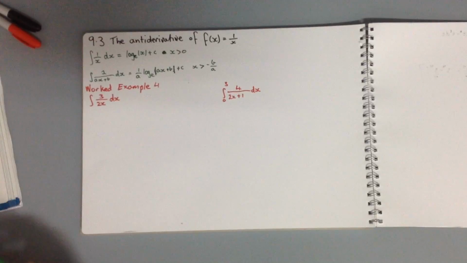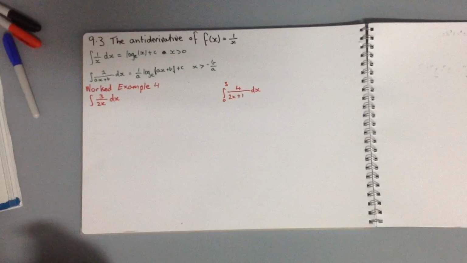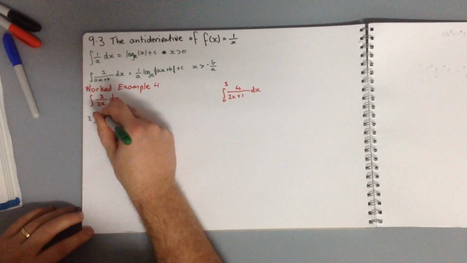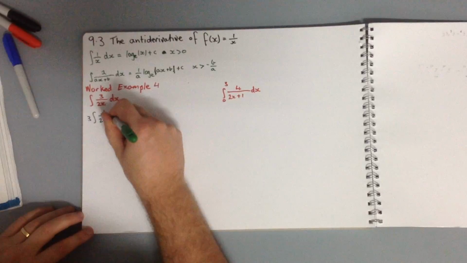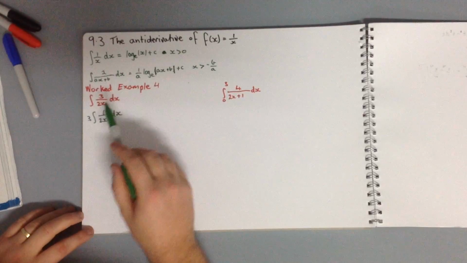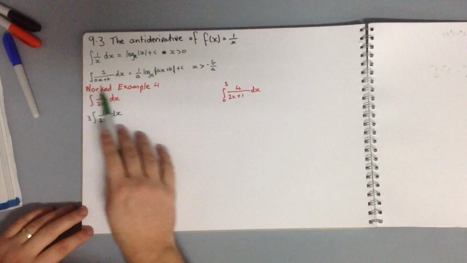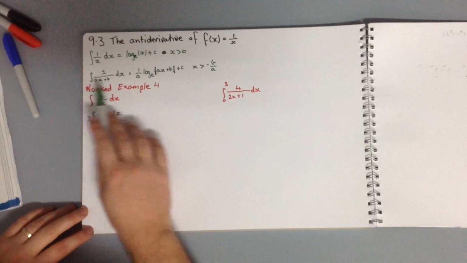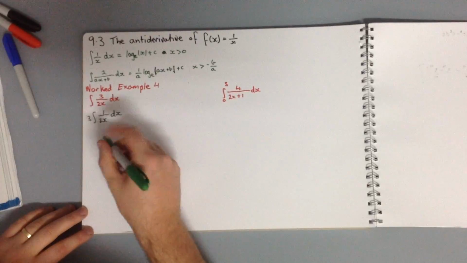Okay, so we've got worked example 4, which is we're going to find the integral of 3 on 2x with respect to x. So we're bringing our 3 out the front and make it 1 on 2x dx. So we can simply use our rule here. We can say then that our coefficient of x, our a value, comes out the front over 1.